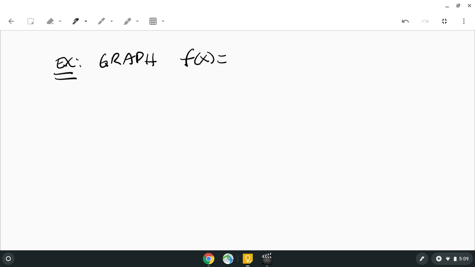Let me erase that. We're only going to focus on that part. So again, it starts at 1, and then 0, and then -1, and then 0, and then 1. All right, so let's take a look at one that has some transformations.